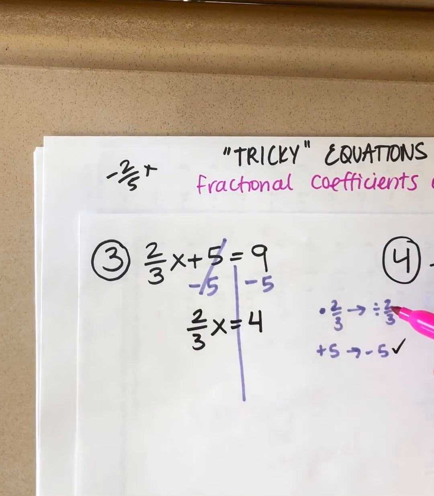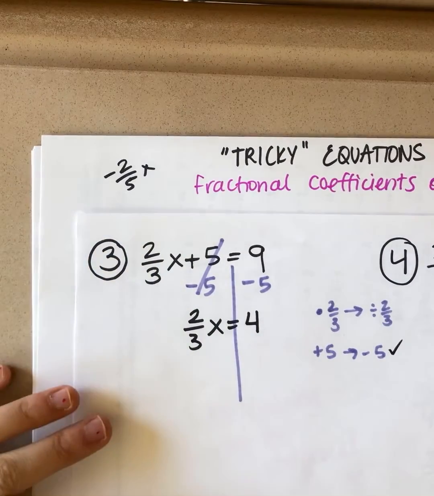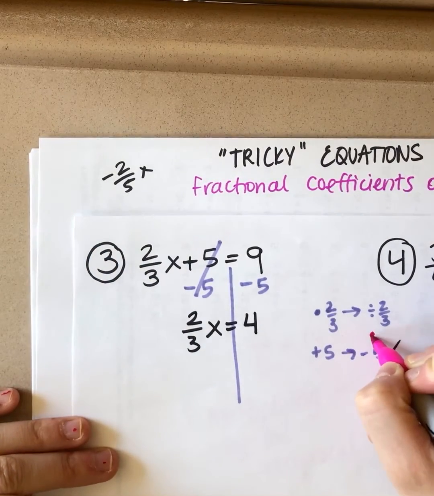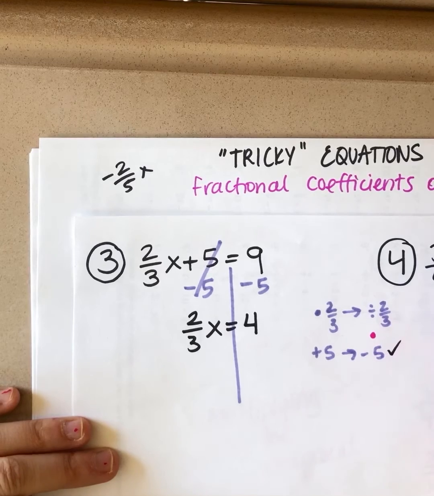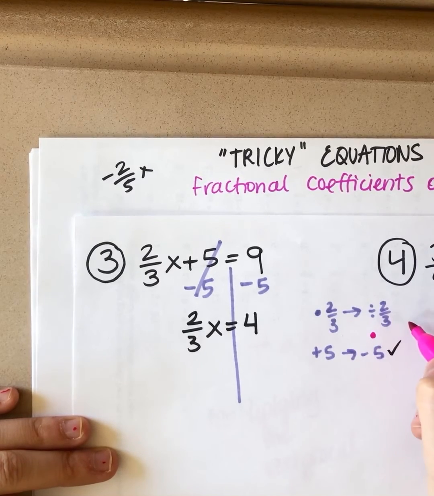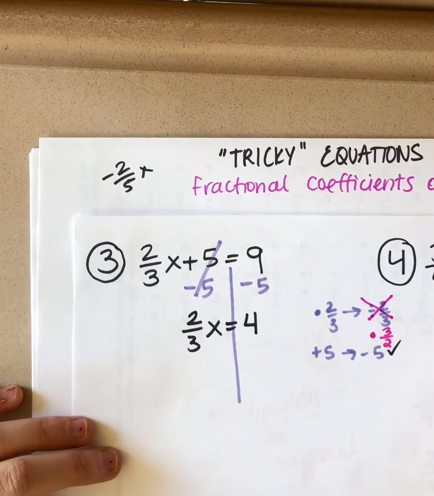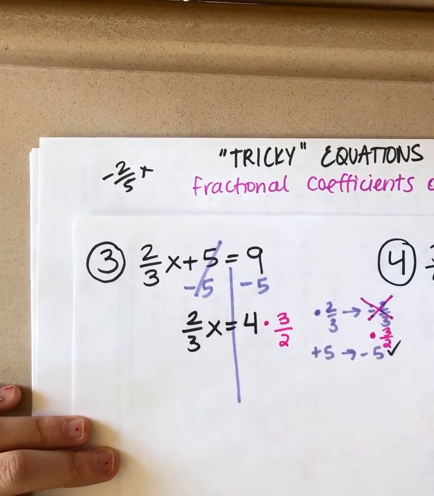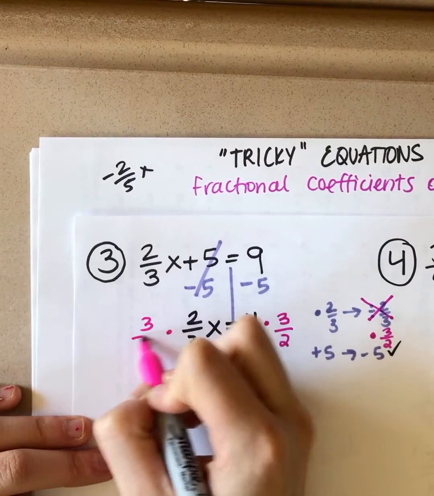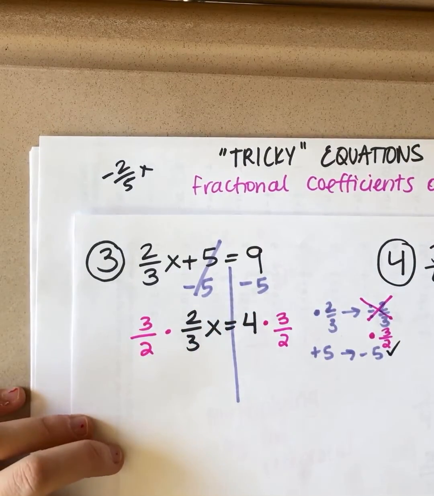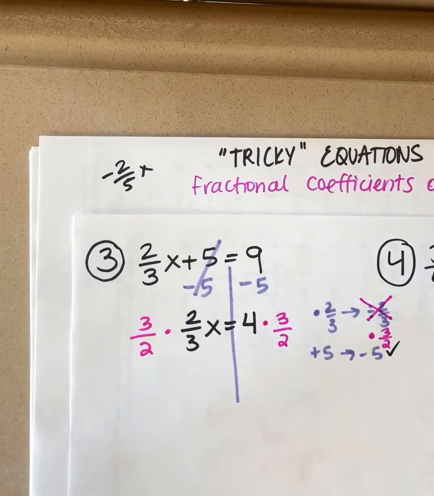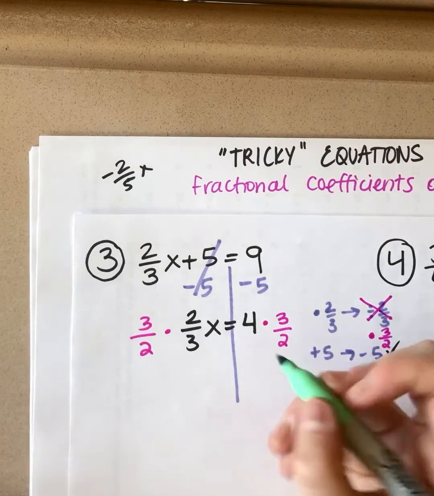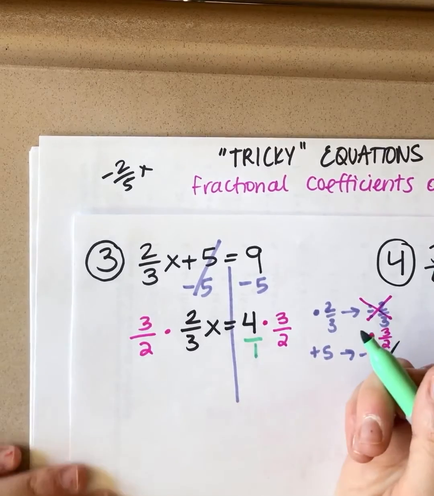Now I need to do this dividing by 2/3. At the beginning of this video, I said that dividing by 2/3 is the same as multiplying by the reciprocal. So instead of dividing by 2/3 in my work, I'm going to show multiplying by 3/2, its reciprocal, on both sides of my equation. When I do that, I get some fraction work to do. I'll put my 4/1 and I'll simplify.